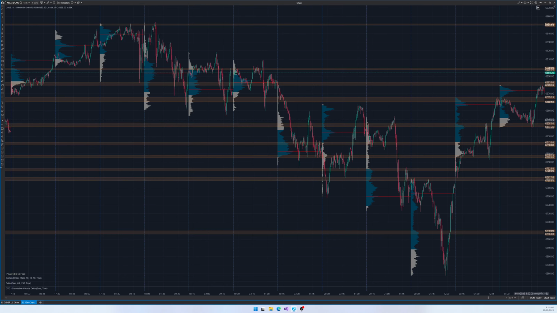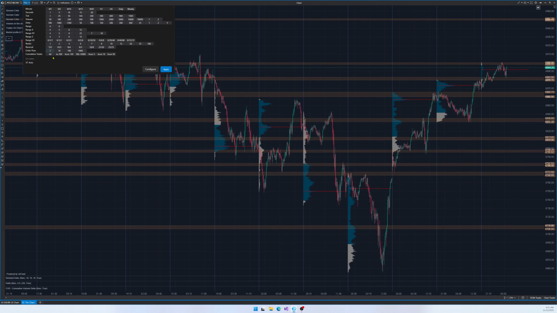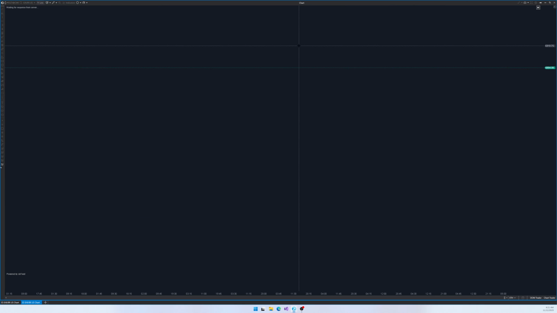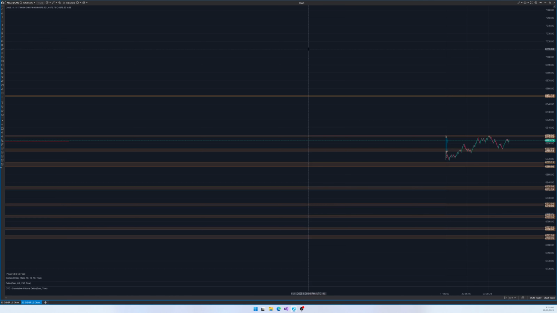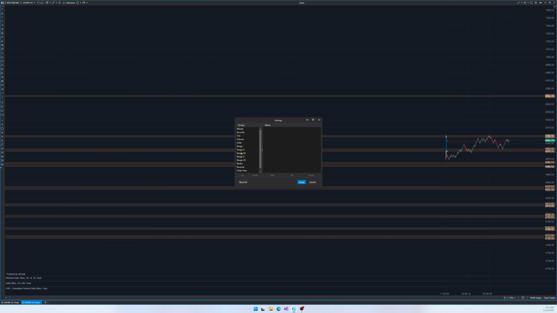I think I traded here as well. Let's review those for a second, but then for the review of the trades, we better go into our trading chart because we want to see. I think the settings here don't really make sense.